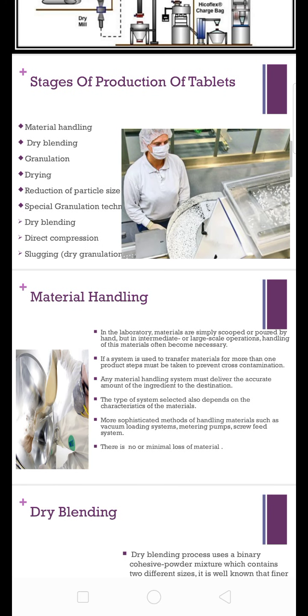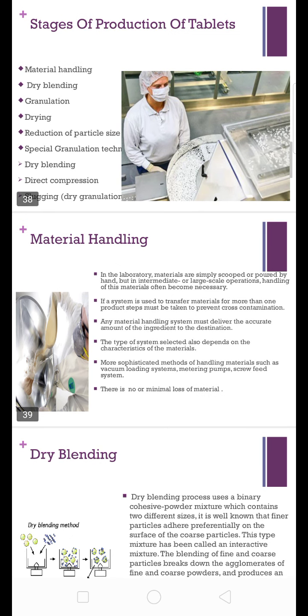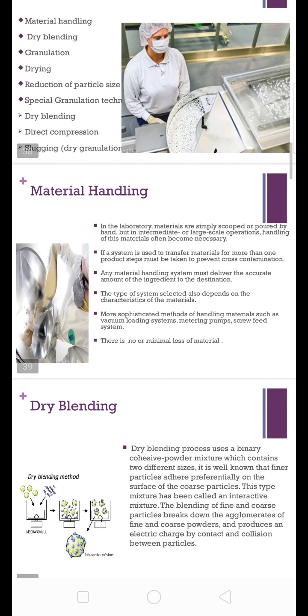Now we are going ahead to the stages of production of tablet. It includes material handling, dry blending, granulation, drying, reduction of particle size, and the required granulation technique, dry blending, direct compression, and then slugging.